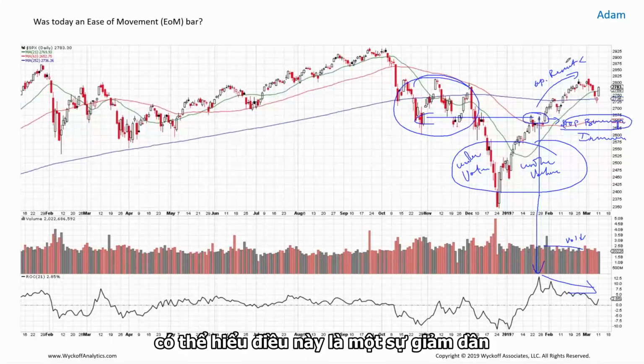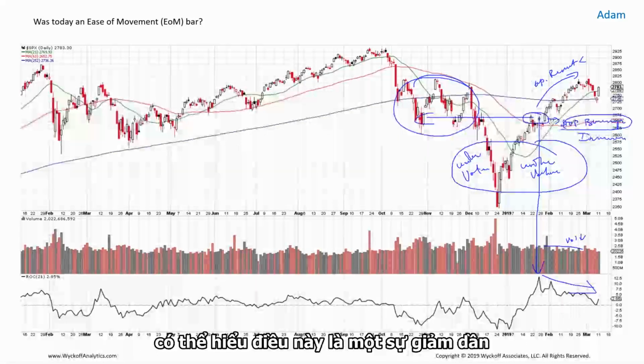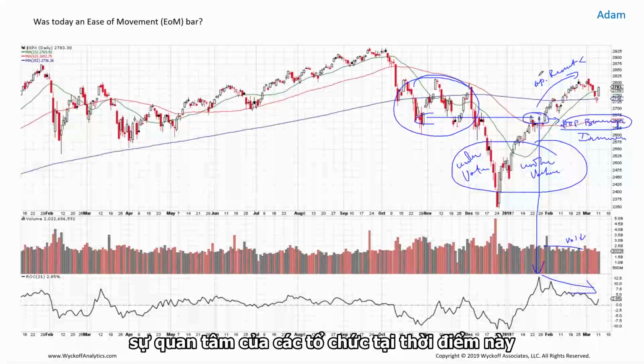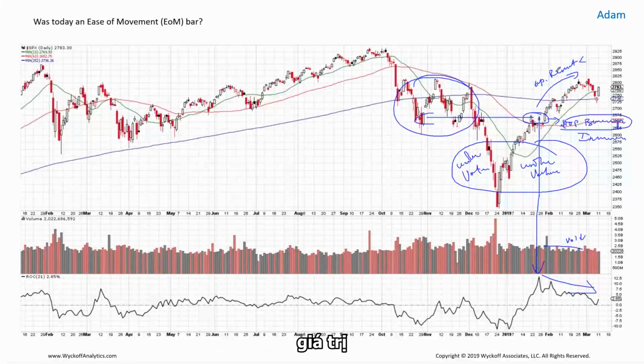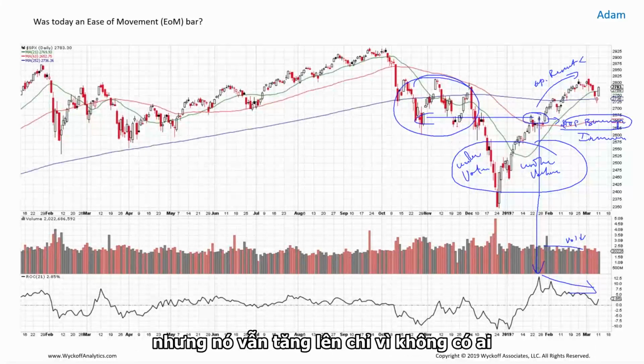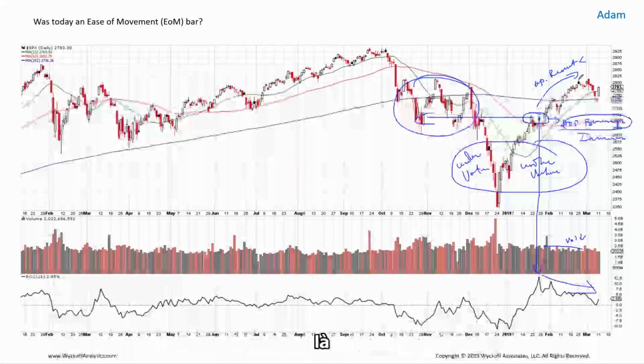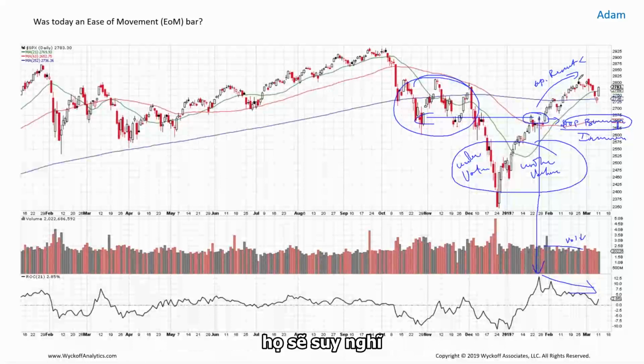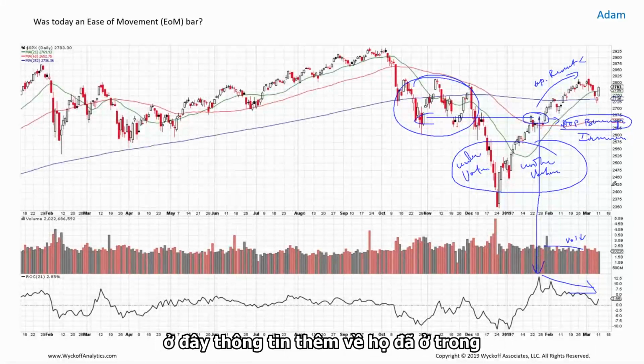We could interpret this as diminishing interest by institutions at this point of value, but still it goes up just because no one is selling. They got in and they're not selling. Why? Well, because this is not their typical behavior. They are going to be thinking here more about they're already in the position and how to protect their portfolio.